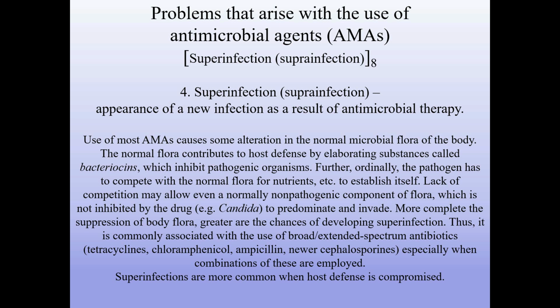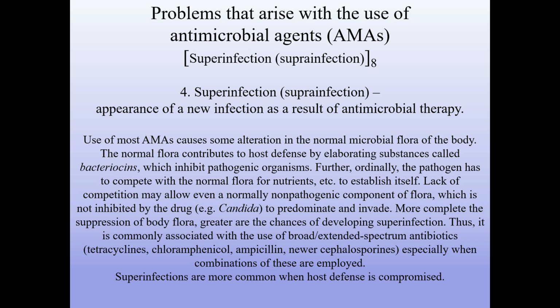Further, ordinarily, the pathogen has to compete with the normal flora for nutrients to establish itself. Lack of competition may allow even a normally non-pathogenic component of flora, which is not inhibited by the drug, to predominate and invade, for example, Candida. More complete the suppression of body flora, greater are the chances of developing superinfection.